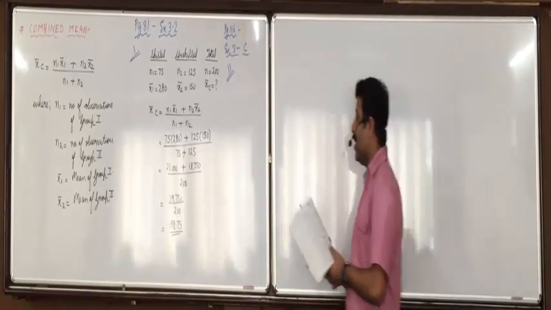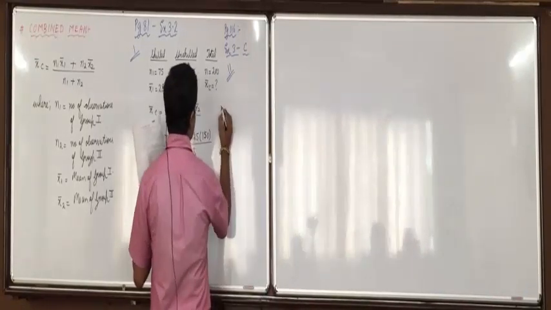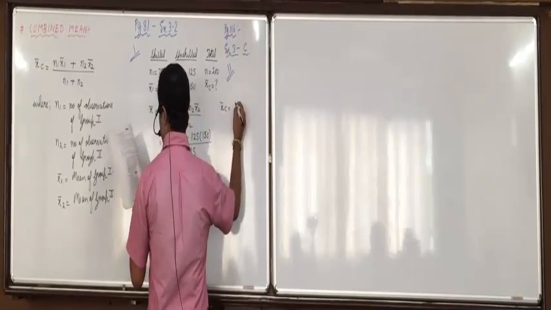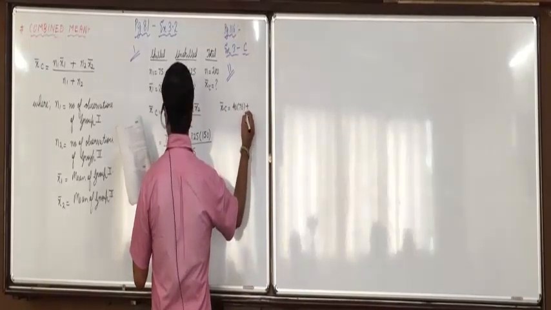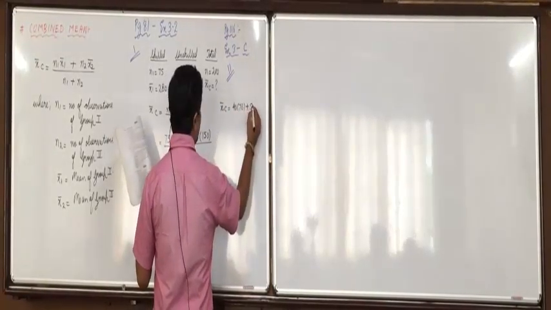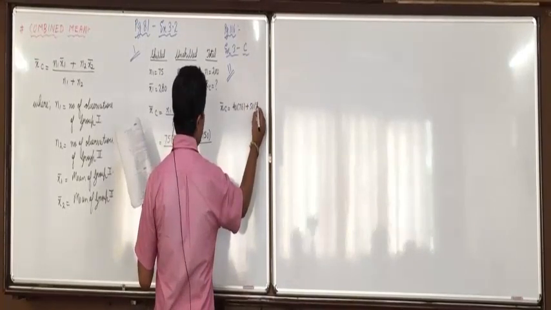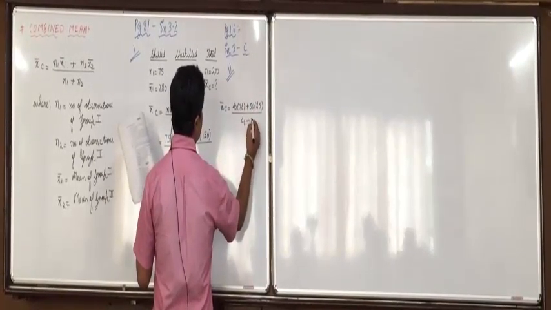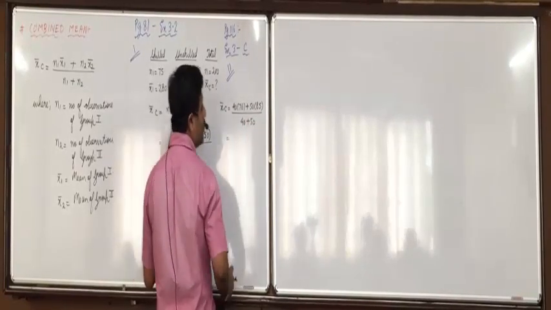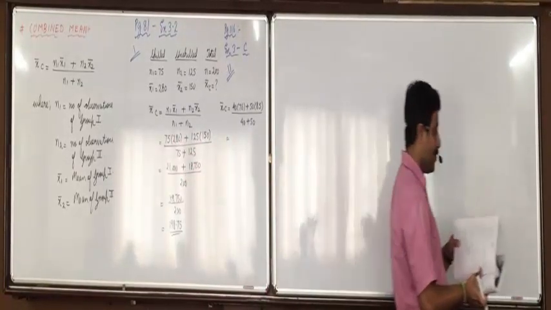Combined mean will be equal to N1 40 into X1 bar 76 plus N2 50 into X2 bar 85 upon 40 plus 50. Do you all get this?